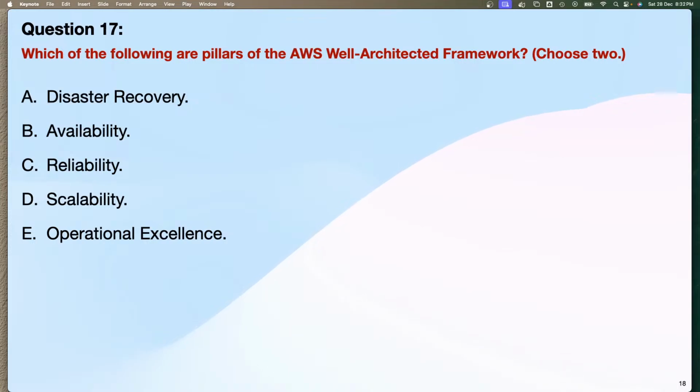So just note down reliability and operational excellence, okay, are the 2 pillars among the 6 pillars of AWS Well-Architected. Sustainability is another pillar, and security is another pillar, so they are not here. You need to just remember these 6 pillars to answer this. So here it is C and E. It's a multiple choice question.